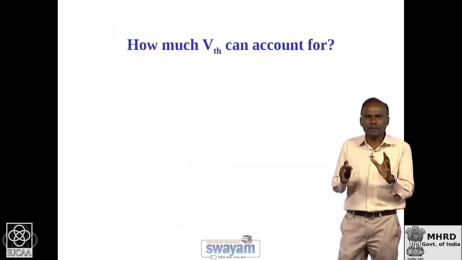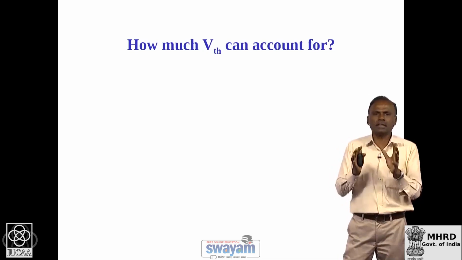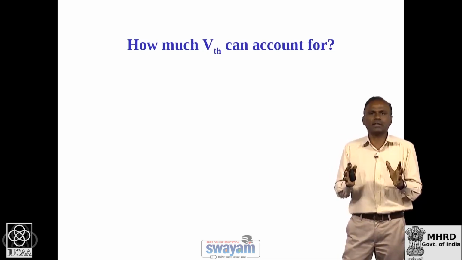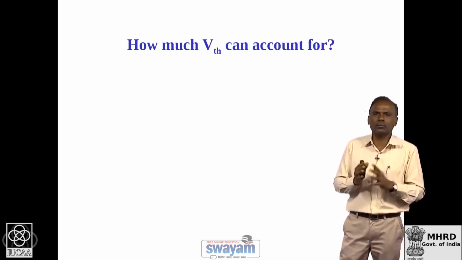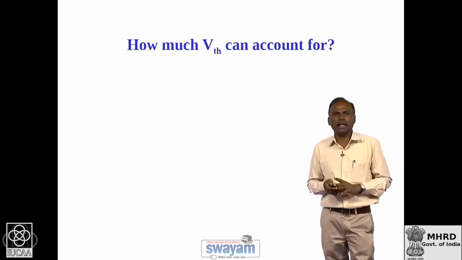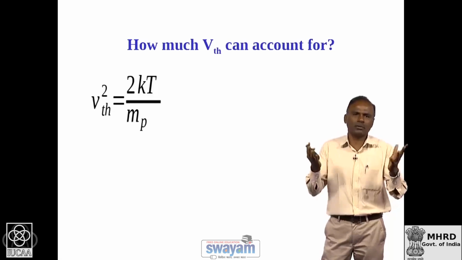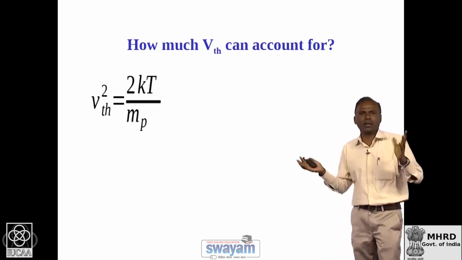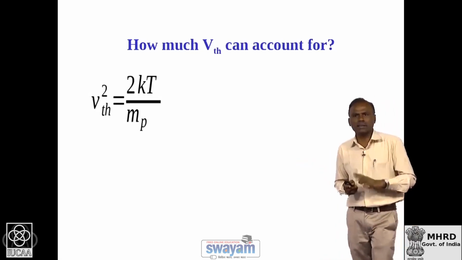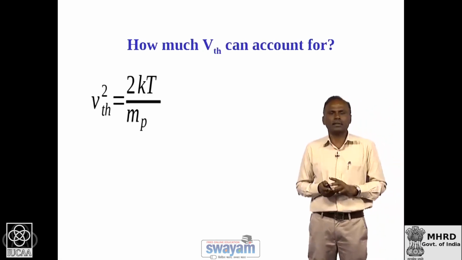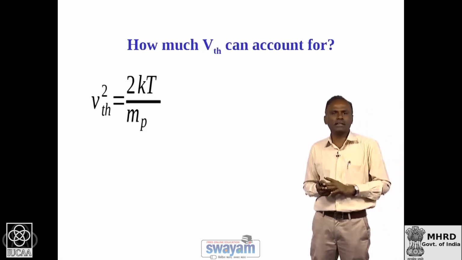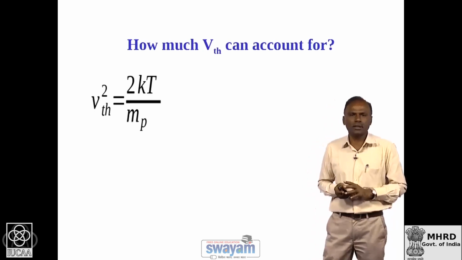For example, if you take the thermal energy alone, the coronal temperature alone, how much can it contribute? V thermal is decided by kT, where T is the temperature of the corona.